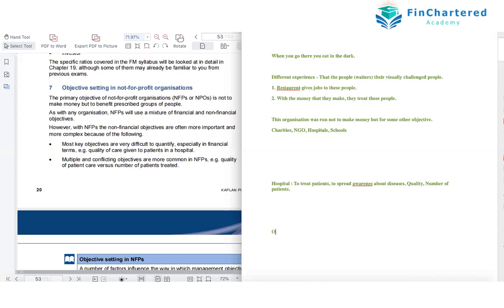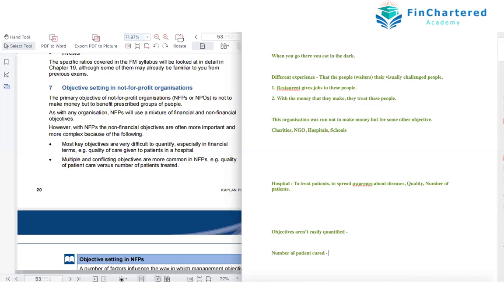And objectives aren't easily quantified. For for-profit organizations, it is easy. Okay, this is the profit, this is the number quantified. But how will you quantify objectives for a hospital? You will say, oh, number of patients cured.